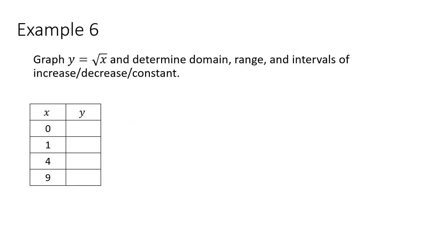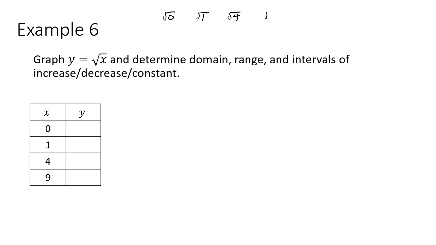So let's start by taking a look at the most basic square root function, y is equal to square root of x. And we're going to be a little bit more careful in choosing our x values this time. For both the quadratic and the absolute value, we just always did -2 to +2. For square root functions, our goal is to pick whatever x would make the inside 0, because that works out nicely, make the inside 1, because that works out nicely, and make the inside 4.